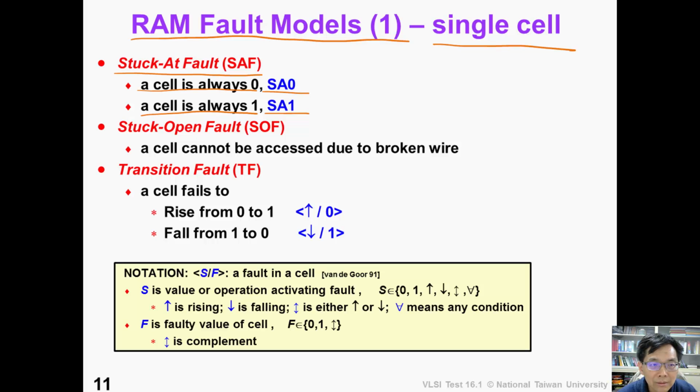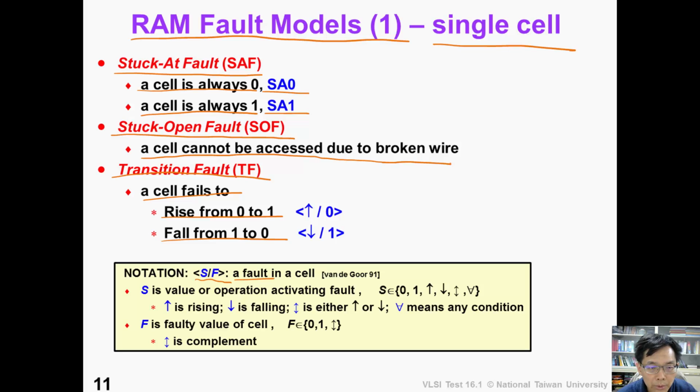The second single cell fault model is stuck open fault, SOF, which means a cell cannot be accessed due to a broken wire. And the third one is a transition fault, TF. A transition fault means a cell fails to rise from 0 to 1, or it fails to fall from 1 to 0.